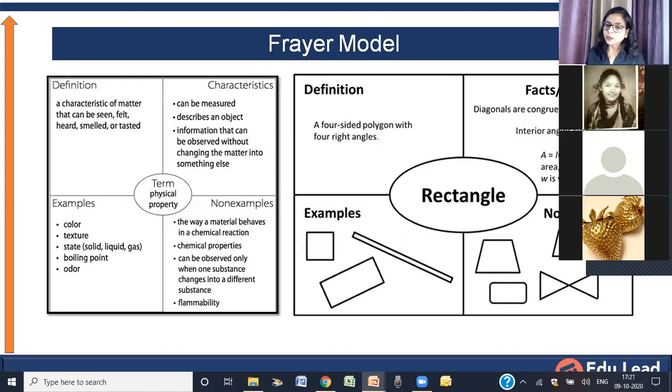So that is possible. Or otherwise you can give different topics from the same concept over here. The topic could be different, right? So that also could be the way of differentiation when we are talking about Freir's model.